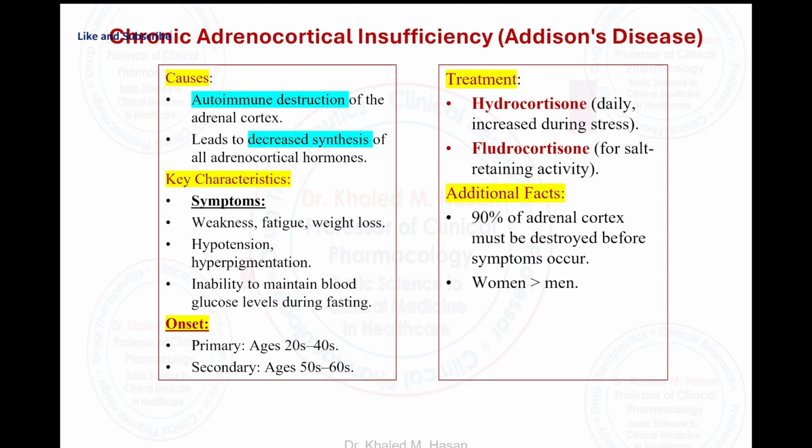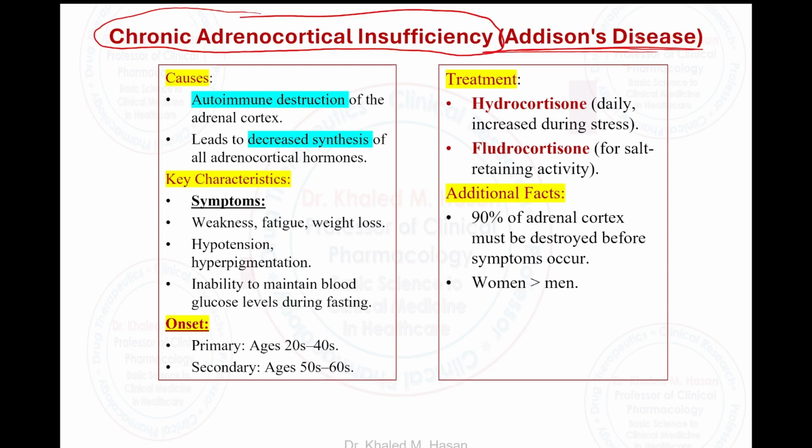Moving to the patients who suffer from adrenal insufficiency. So adrenocortical insufficiency, we have the case called Addison disease. The lesion will be in the adrenal gland. It is mostly related to immune disease. The situation here leads to decreased secretion and synthesis of adrenal corticosteroids.